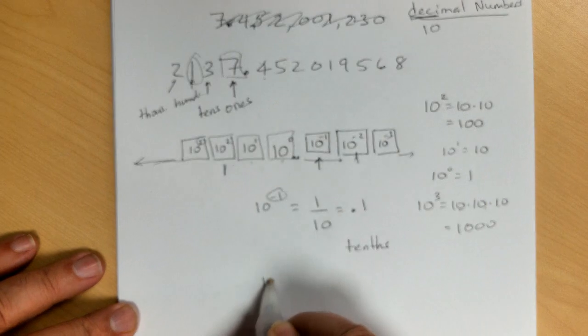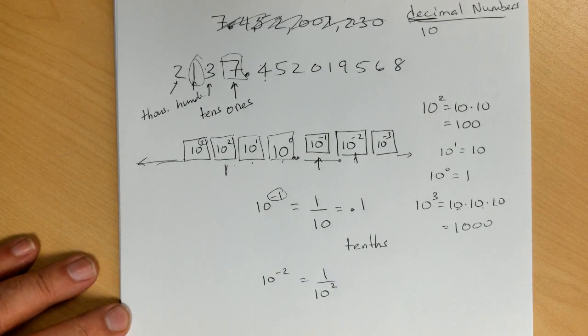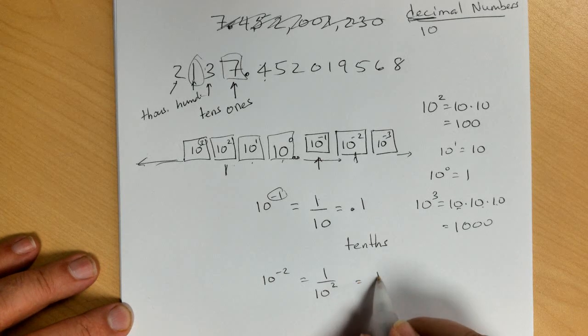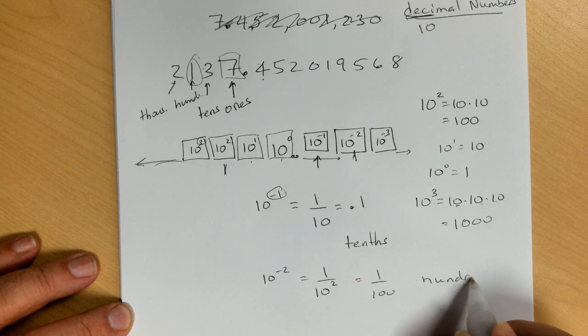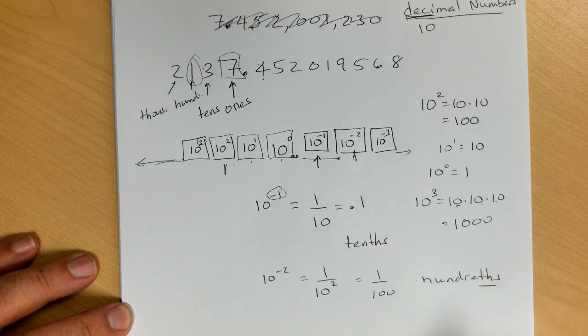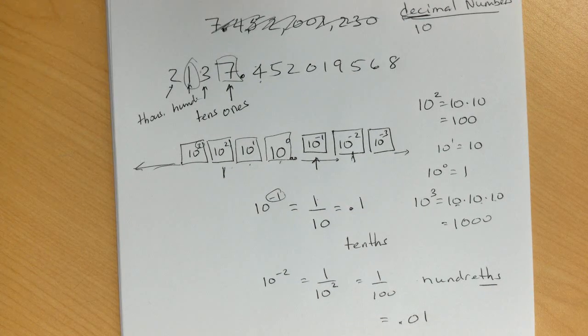This one, 10 to the negative 2, is 1 over 10 to the 2, which is 1 over 100. So this is the hundredths. It means 0.01. So each of these numbers has a specific location, and they have specific names.